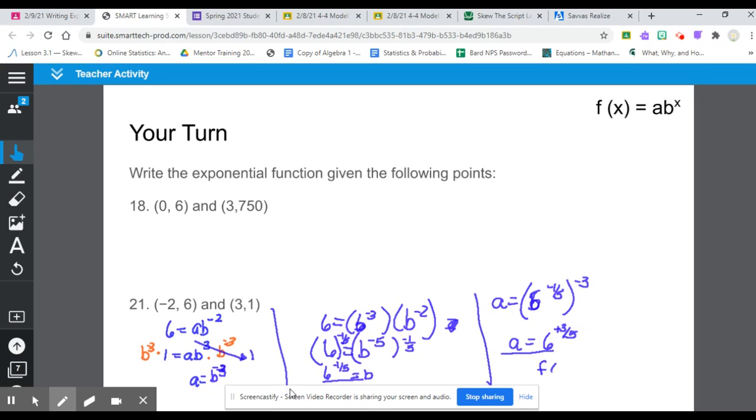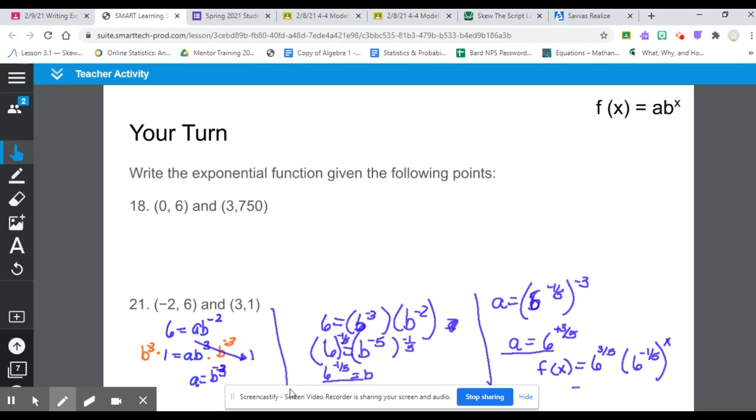So f of x is equal to 6 to the 3/5 power times 6 to the negative 1/5 power, raised to the x power.